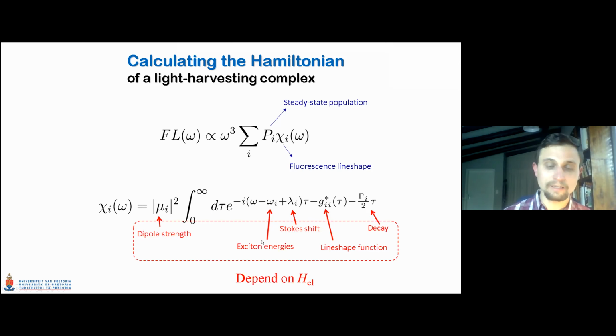You have the exciton energies, the Stokes shift, which describes the relaxation or the reorganization energy due to the coupling of the electronic states with the environment. You have a line shape function, you have the decay. So all these terms depend on your electronic Hamiltonian, and you can fit the spectra, do simulations, and eventually you can get a Hamiltonian that is satisfactory.